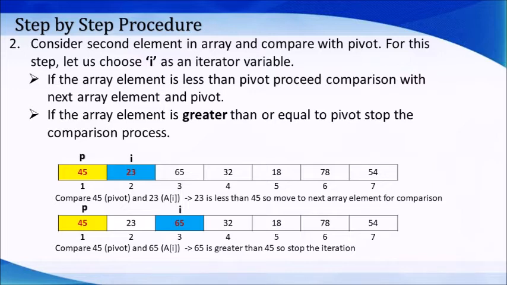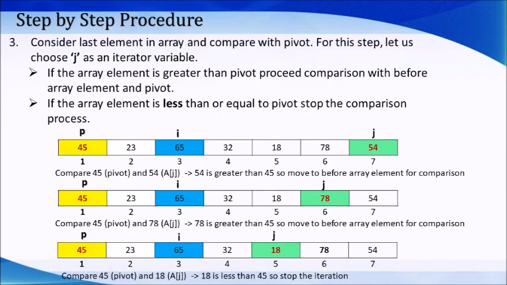Hence, i should move to the next array element. The next array element is 65. When you compare 65 with the pivot value 45, 65 is greater than 45. So we are stopping the iteration. The i iteration stopped and i is marking index value 3 in the array.